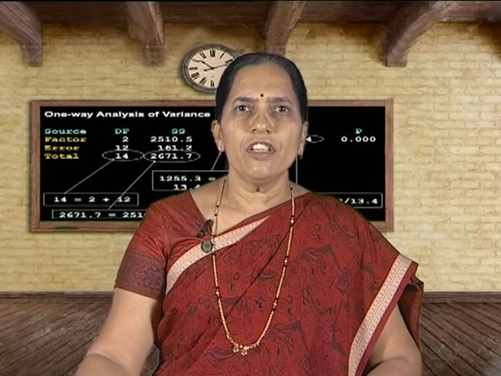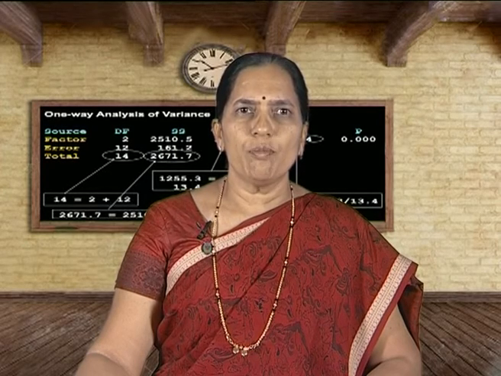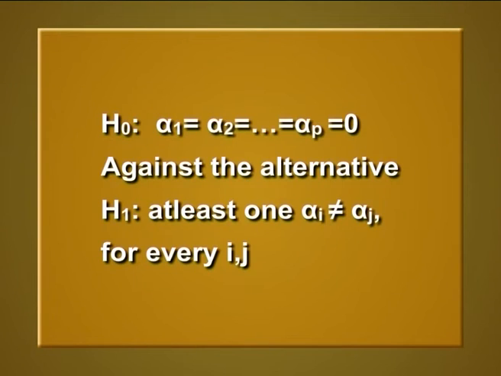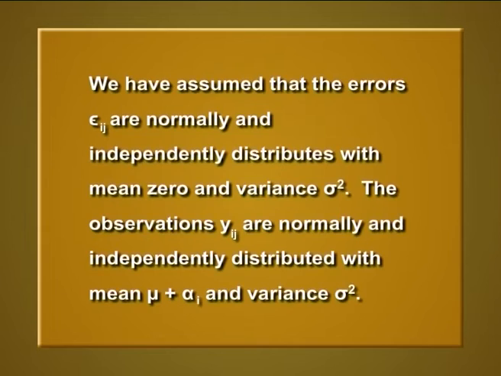Here we investigate a formal test of the hypothesis H naught: alpha_1 equals alpha_2 equals and so on equals alpha_p equals 0, against the alternative H_1: at least one alpha_i not equal to alpha_j for some i and j. Here we have assumed that the errors epsilon_ij are normally and independently distributed with mean 0 and variance sigma square.